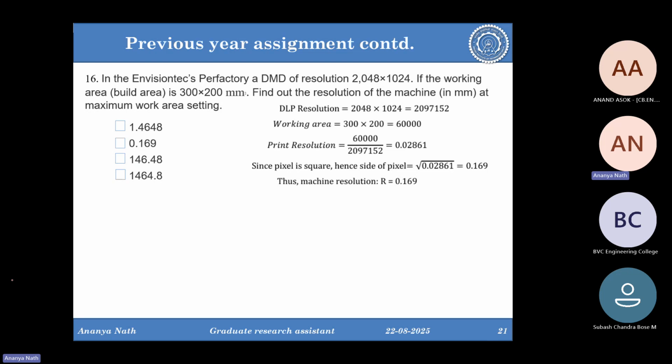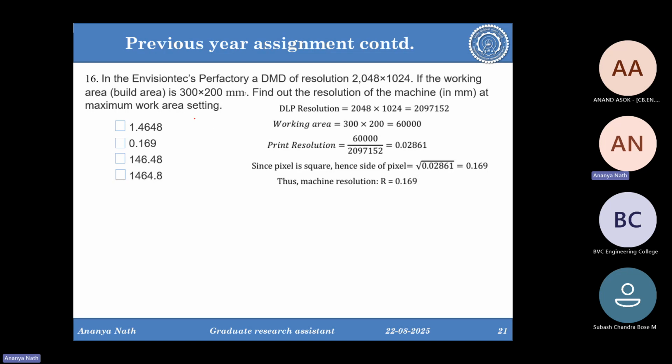So it's the same process. The resolution you can just multiply. The work area is given. Print resolution is divided. And then since the pixel is square, we know that in general pixels are square. So if this is the print resolution, this is the 1 pixel size. So square it, and you know the side of the pixel. And now the machine resolution is basically how much the resolution in printing is, how much minimum feature size is possible.